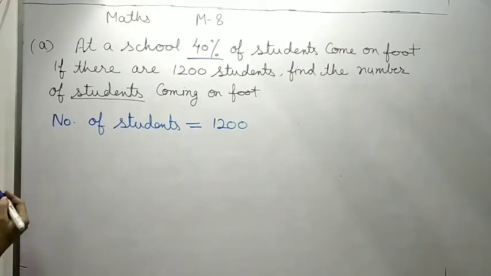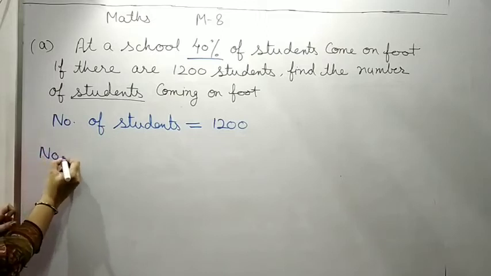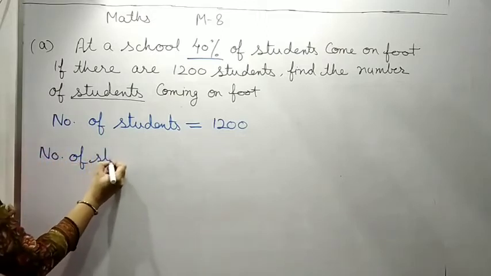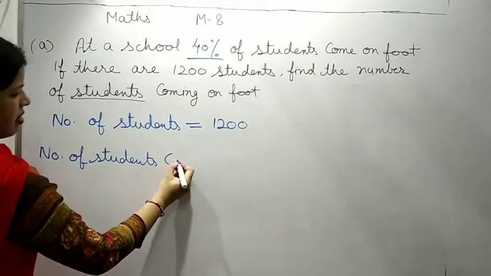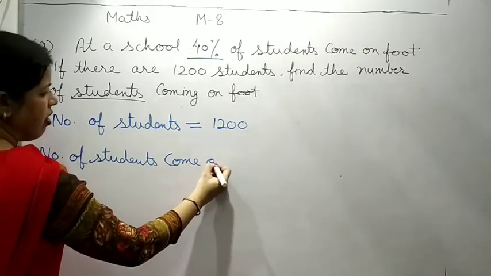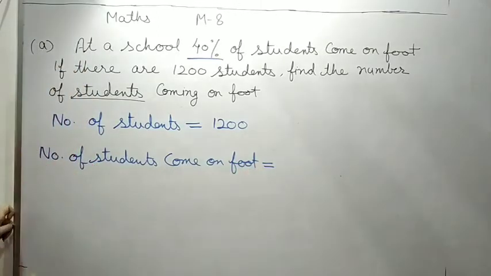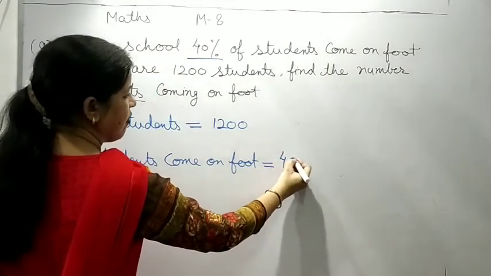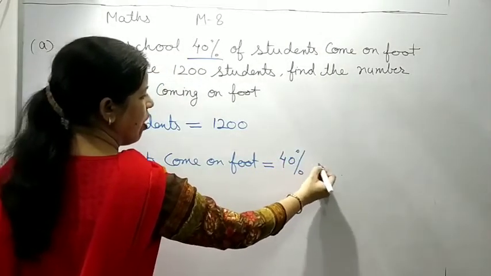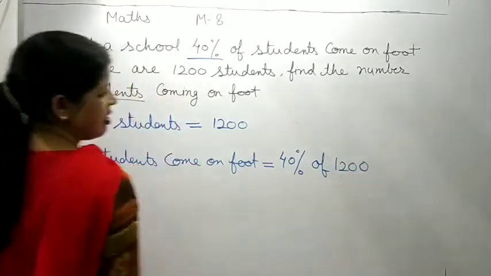So we write here number of students coming on foot is equivalent to 40% of 1200.